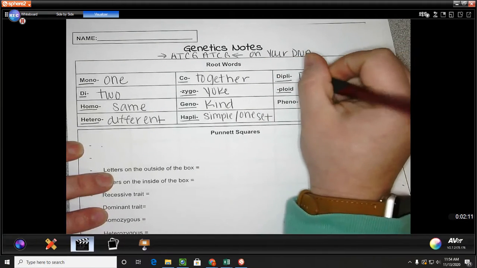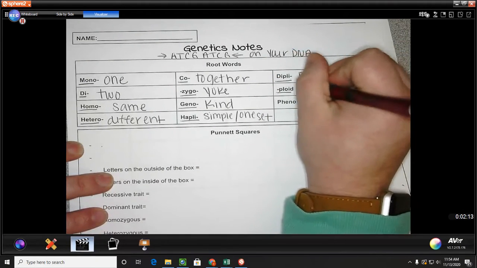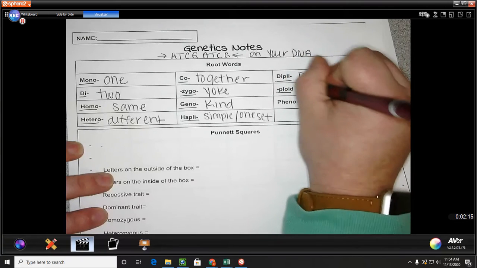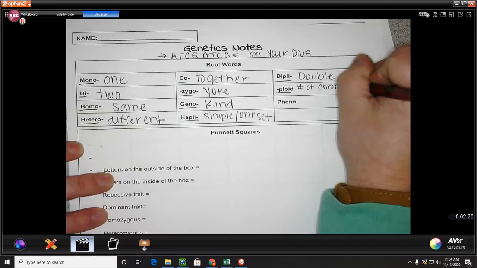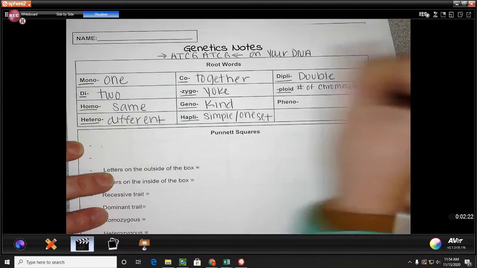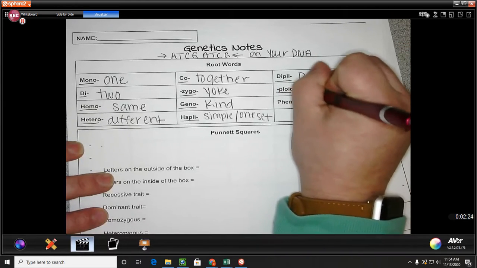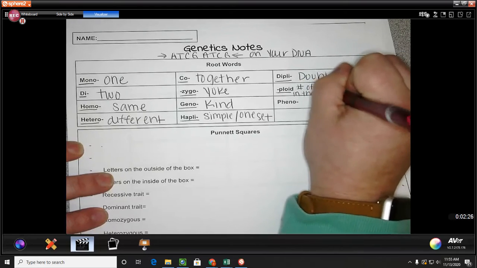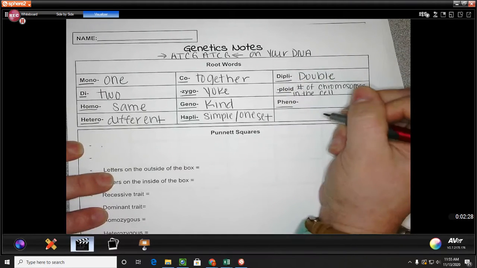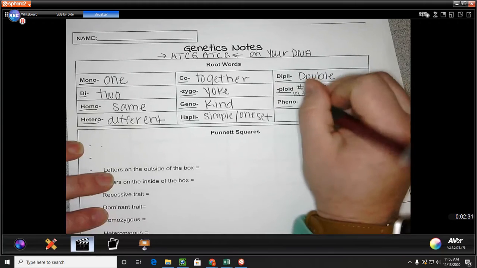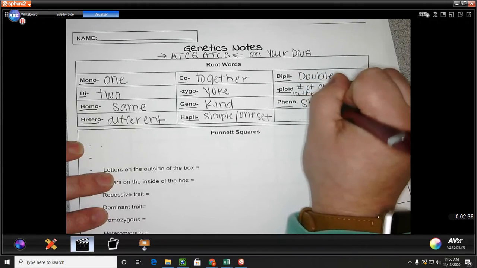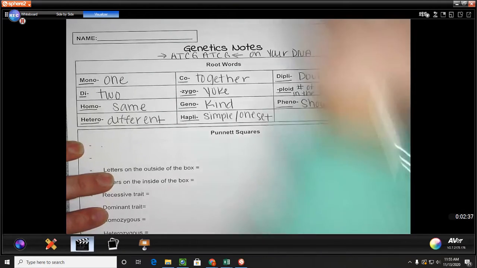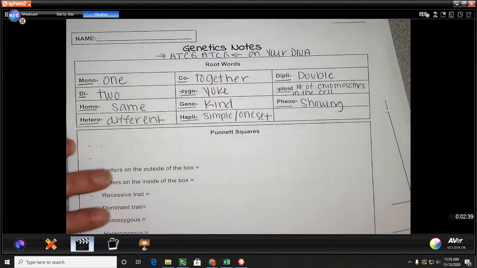Ploid means the number of chromosomes in the cell. Pheno is showing. So phenotype is what you see, so showing. Like your long, gorgeous hair, your blue eyes.